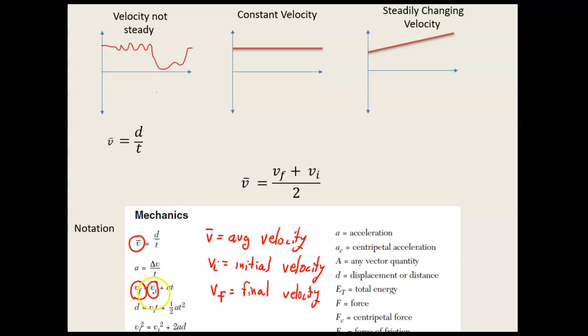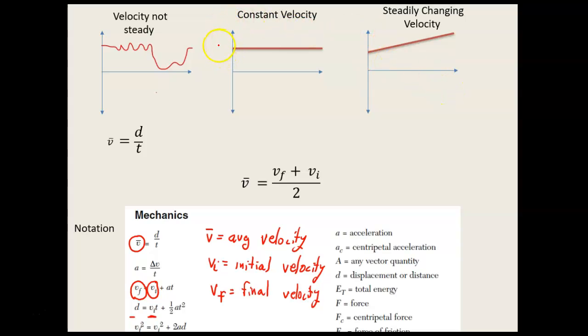Now we see VI in this formula, and you see VF in this formula down here. But VI and VF really apply to situations where the velocity is constant the whole time, or constantly increasing or constantly decreasing.